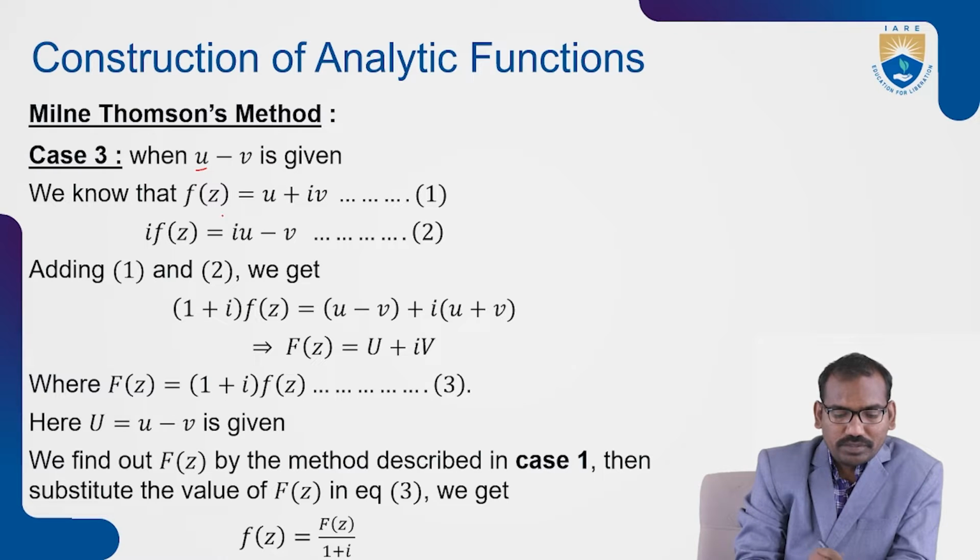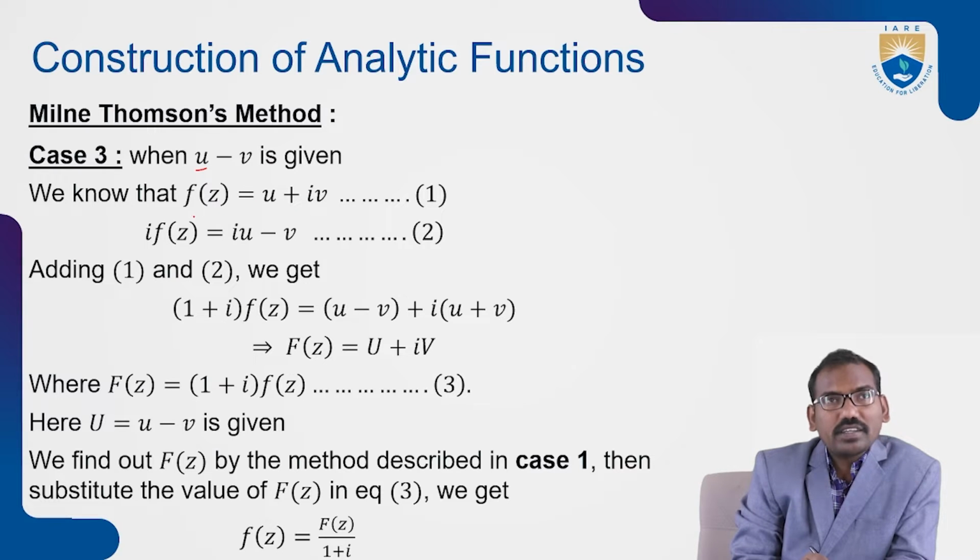For that, we will take f of z, whose real part is u and imaginary part is v. This is equation number 1. Now we multiply equation 1 with i, so you will have i times u minus v.